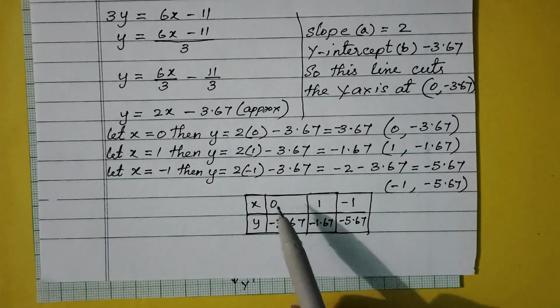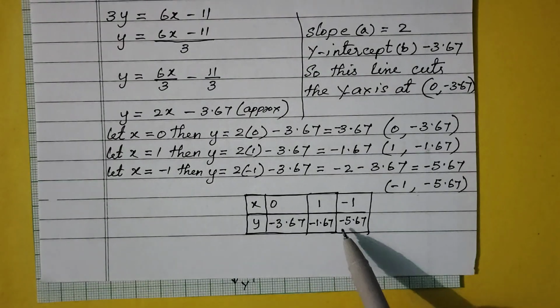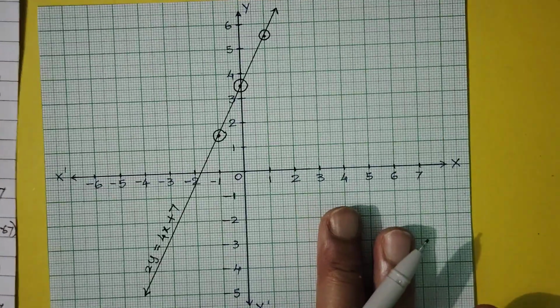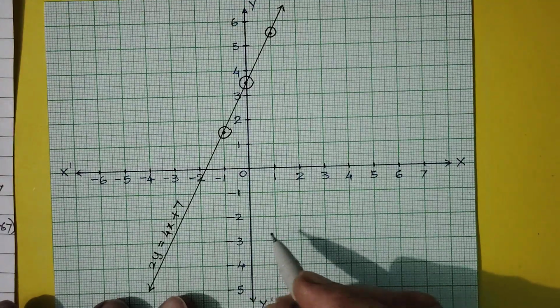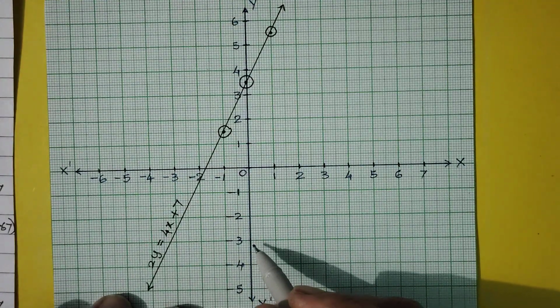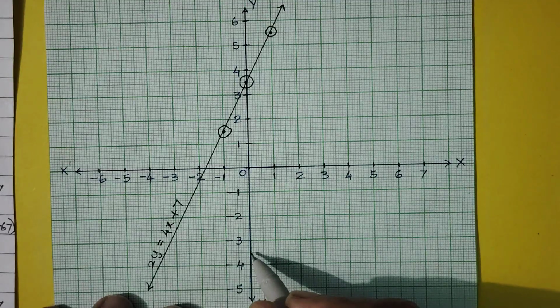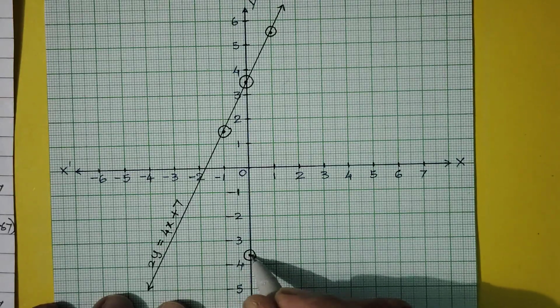Then we'll plot the second one. The second one is 0, minus 3.67; 1, minus 1.67; minus 1, minus 5.67. Zero, minus 3.67. 3.67 means almost 7... this is that point.